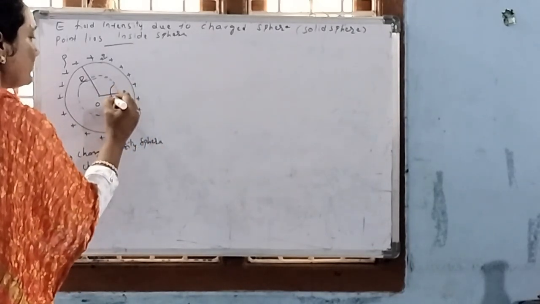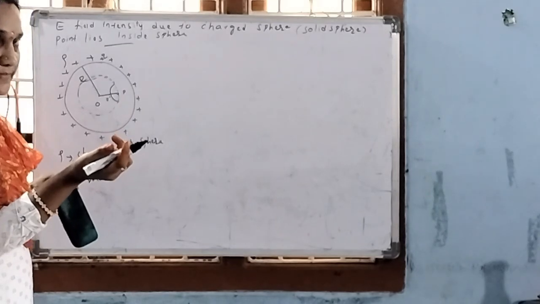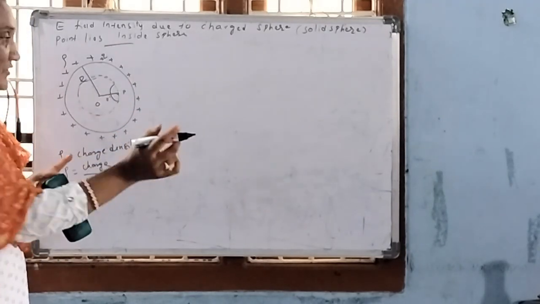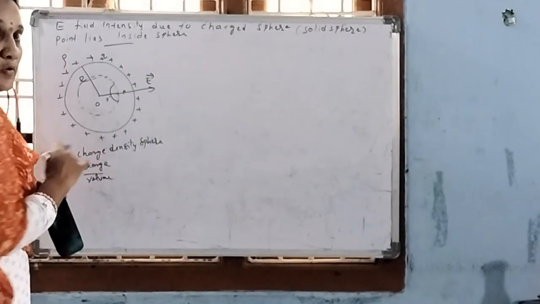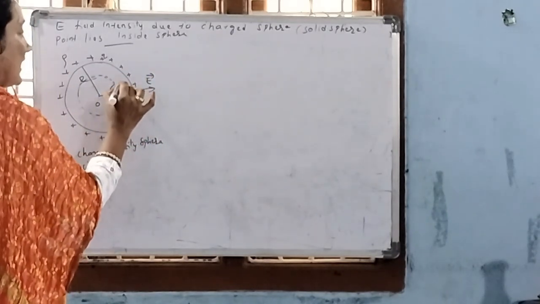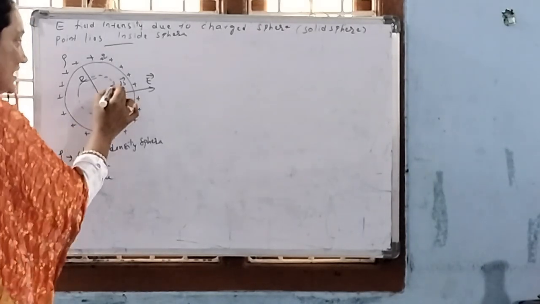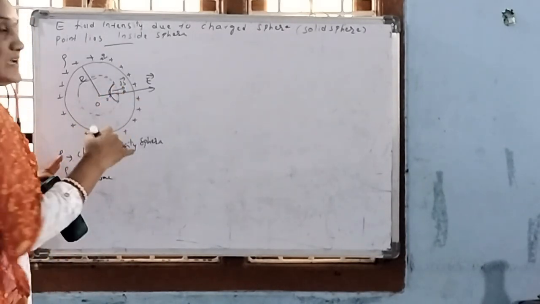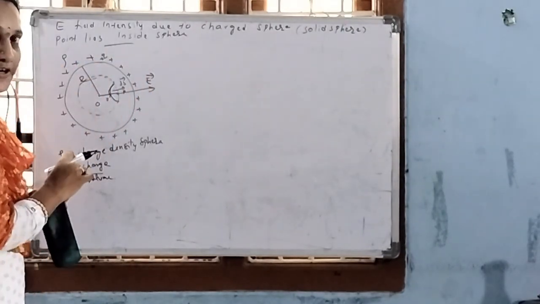We will assume a small area around this point P. What is the direction of electric field? Radially outwards. What is the direction of it? Vector ds along the outward normal drawn. Right? This area is denoted by vector ds and the direction is along the outward normal drawn.